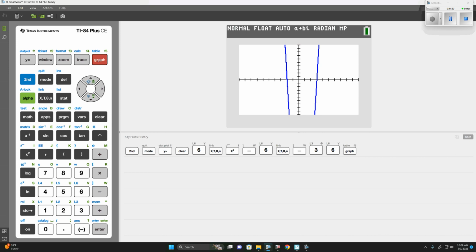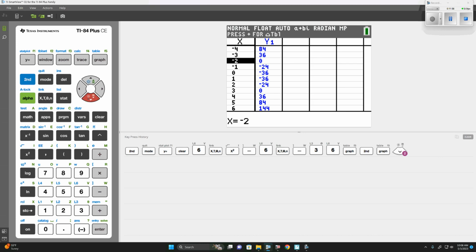So we could graph this, because we could leave it as 6x squared minus 6x minus 36 and graph. It looks like it does intersect at 2 nice points. If we go second table, well, the 2 points that it does cross the x-axis where y is 0 is at negative 2 and 3.